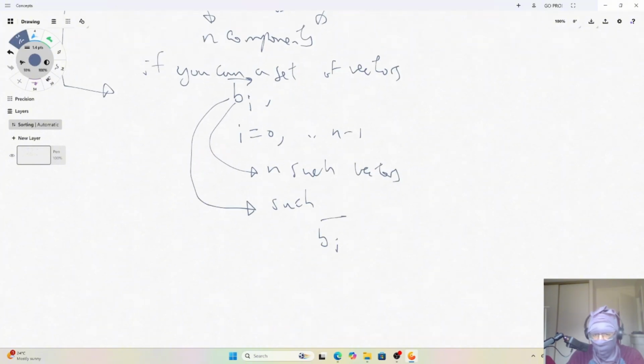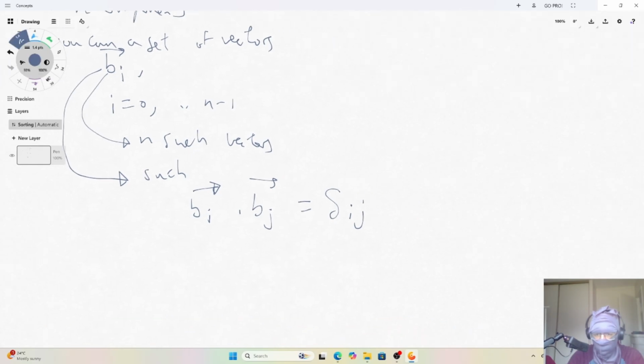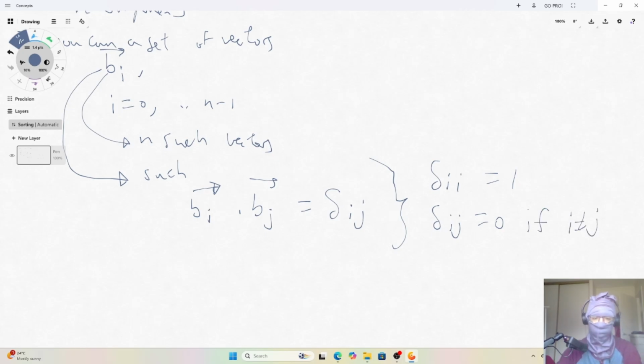the inner product of two elements of that set is given by this equation, where d_ii equals 1 and d_ij equals 0 if i is not equal to j.